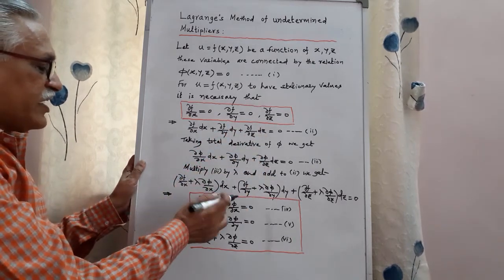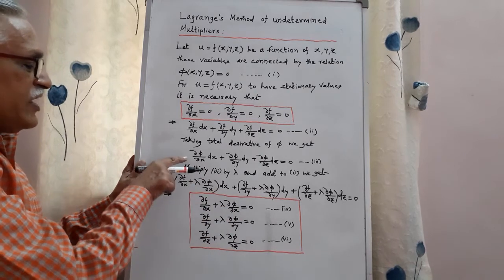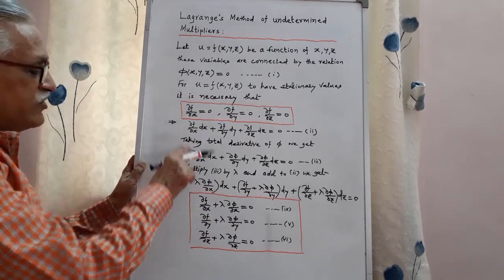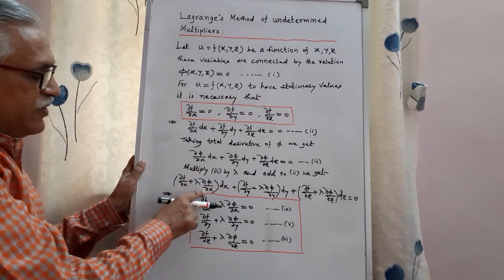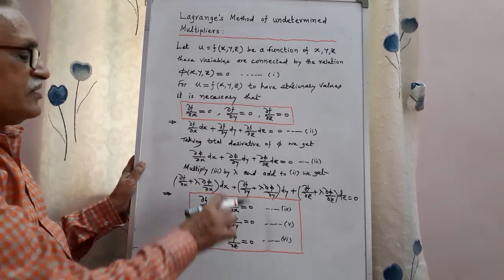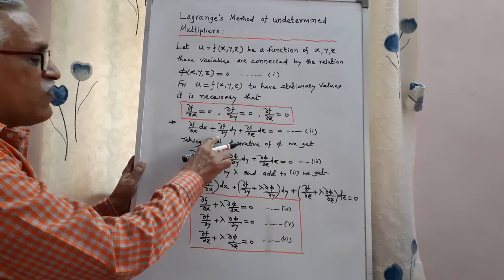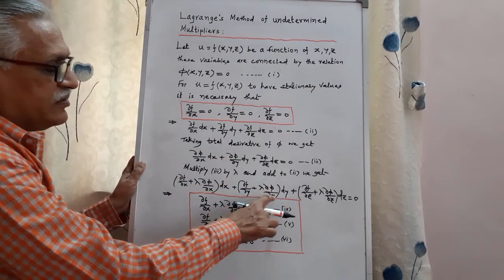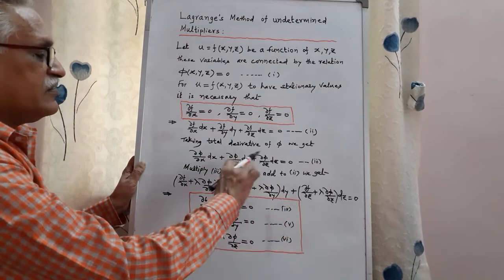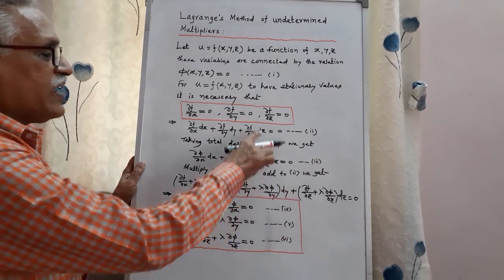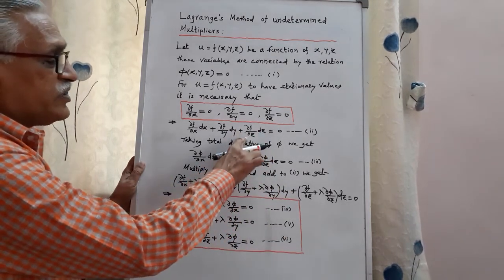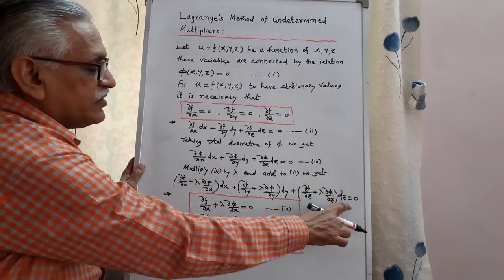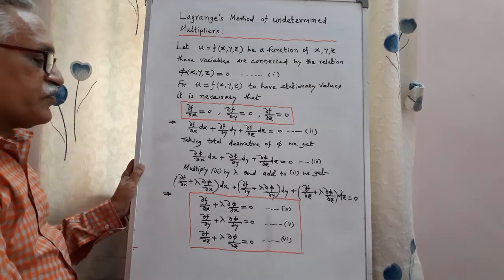When we add, we can take dx common. Therefore, we have dou f by dou x plus lambda times dou phi by dou x, then dou f by dou y plus lambda times dou phi by dou y into dy. Then the third is dou f by dou z plus lambda into dou phi by dou z into dz equals 0.